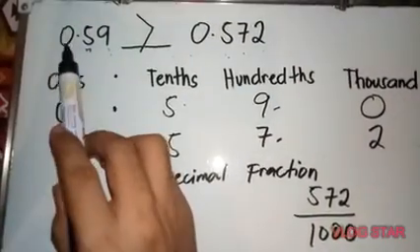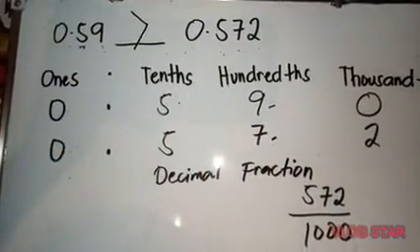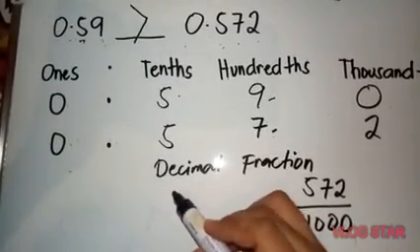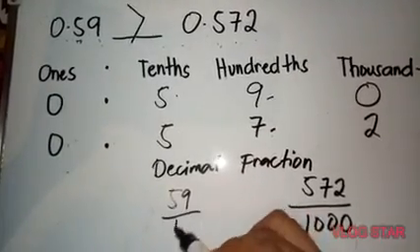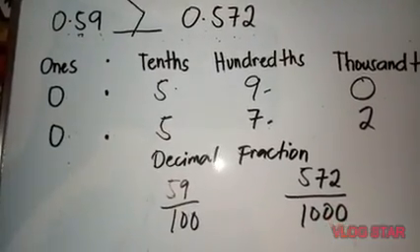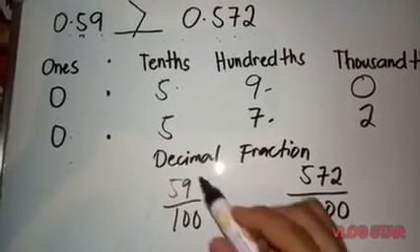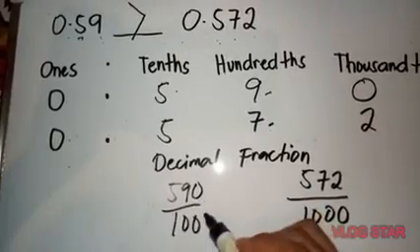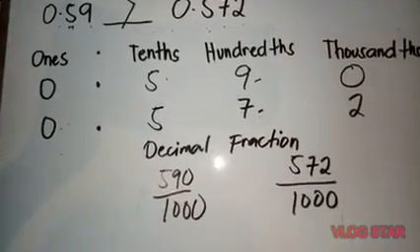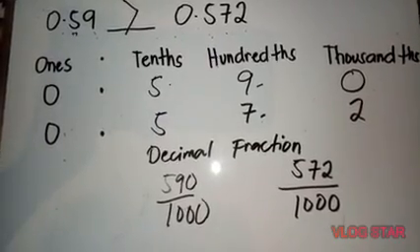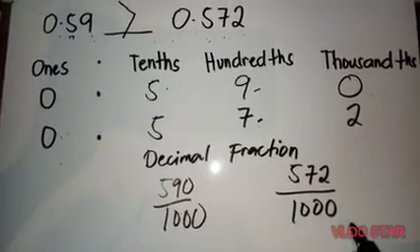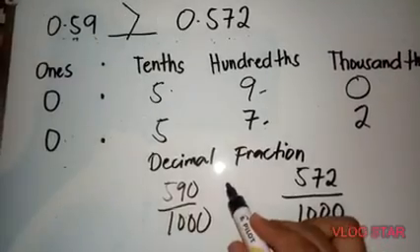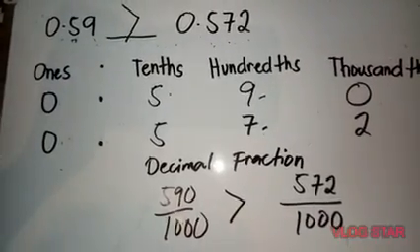The next is 0.59, hundredths, or we can write it as 59 over 100, or to make it the same as this one, 590 over 1000. So it's very obvious that this is greater than.